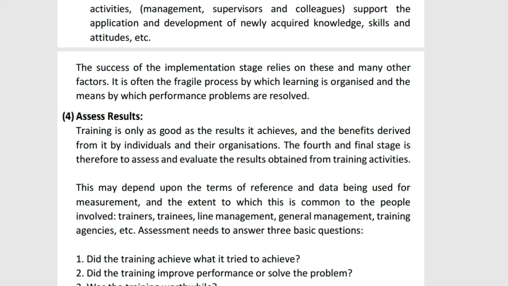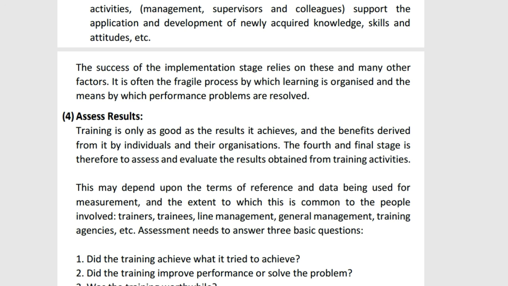And third one, was the training worthwhile? Here we need to analyze whether the investment of time, budget, activities, expert skill, etc. was worth it or gave return or not. So these are the main questions by which the assessment of the result can be done.